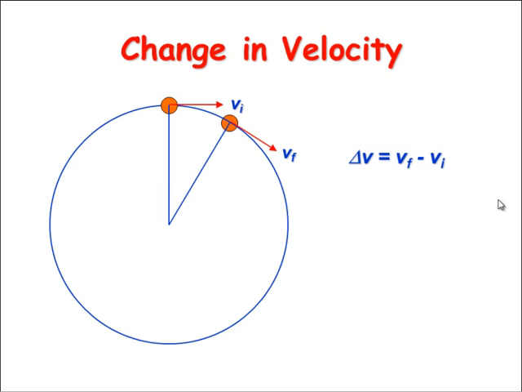If we have a look at change in velocity, final velocity minus initial velocity, that is adding the opposite direction of the initial velocity, or negative v_i. We get a change in velocity that is in that direction. Having a look at that direction, it's pointing towards the center. So the change in velocity will be in the same direction as the acceleration, and therefore the same direction as the force.